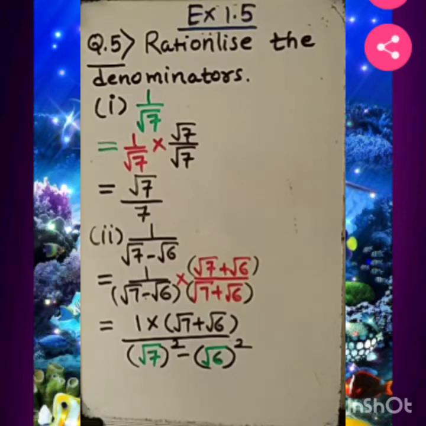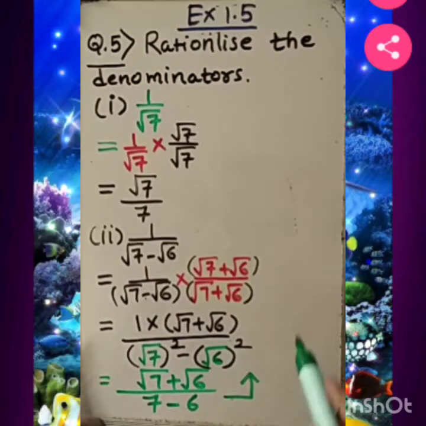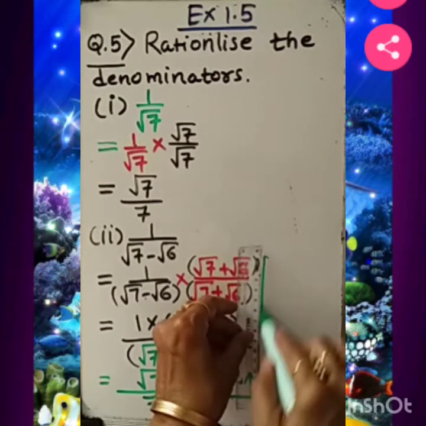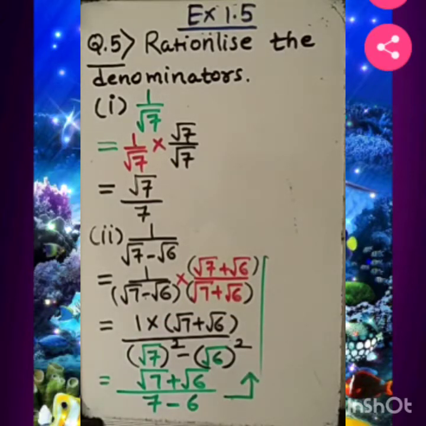Now in the numerator, what will be left? We will have root 7 plus root 6, upon root 7 square, which is 7, minus root 6 square, which is only 6. I am doing the further steps here to make it clear to you. So in the numerator, what is left with us?